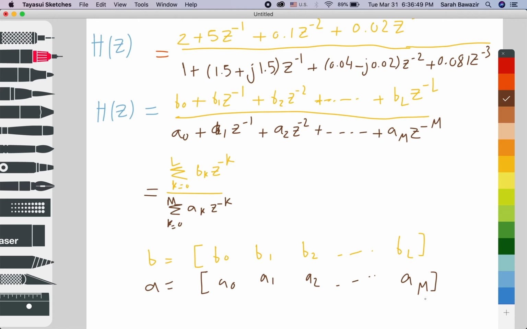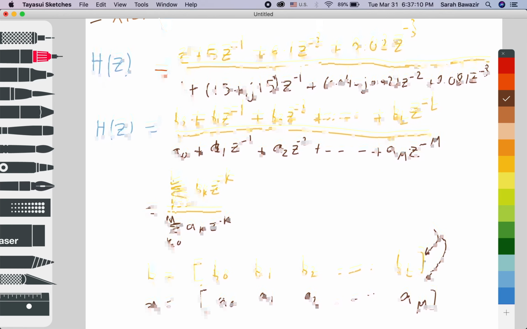So when we're dealing with transfer functions in MATLAB, we give it two vectors, a vector B, which represents the numerator polynomial, and vector A, which represents the denominator polynomial.